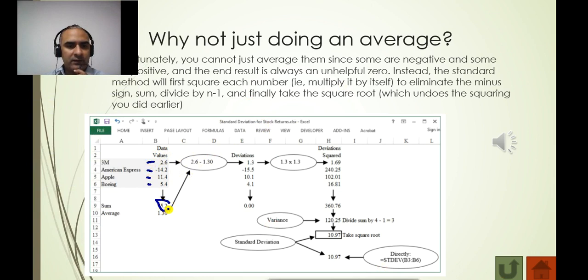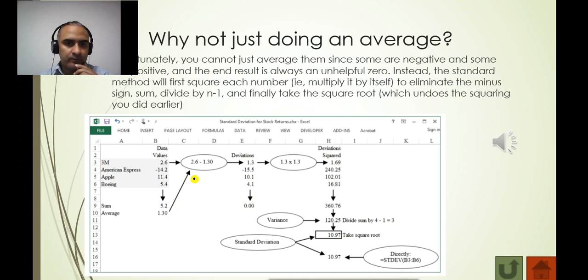We add them, which gives us 5.2, and the average is 1.3. Now, to calculate the deviations, not the standard deviation, just the deviation for each one of them, we look at how far each one is from the average. Again, the average is 1.3.